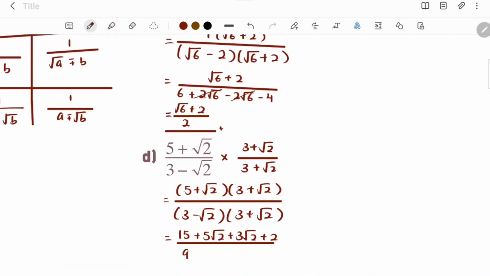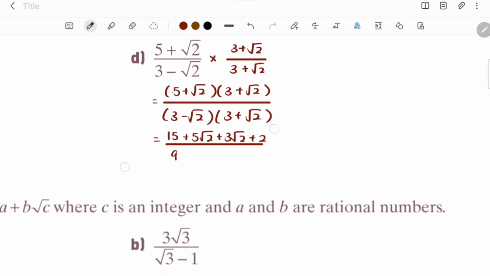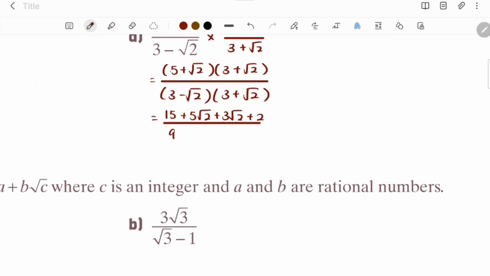Actually from what you already learned, these can cancel each other. So we can straight away ignore it. This one plus minus minus. Root 2 times root 2, 2. Or you can write the full form.